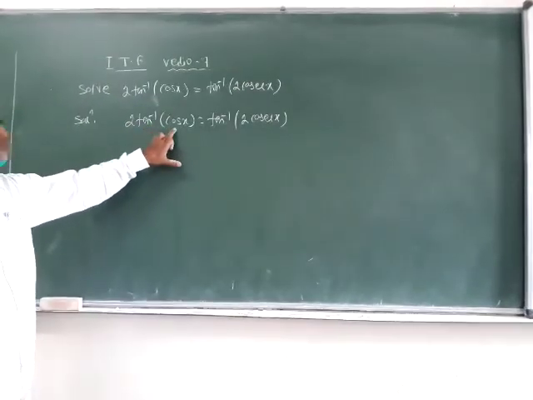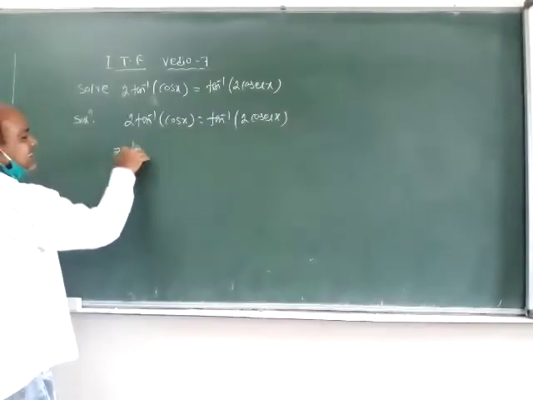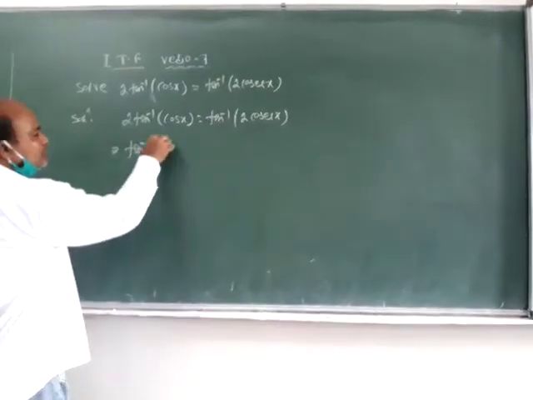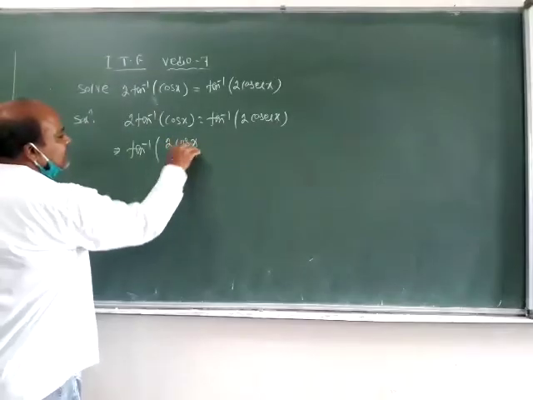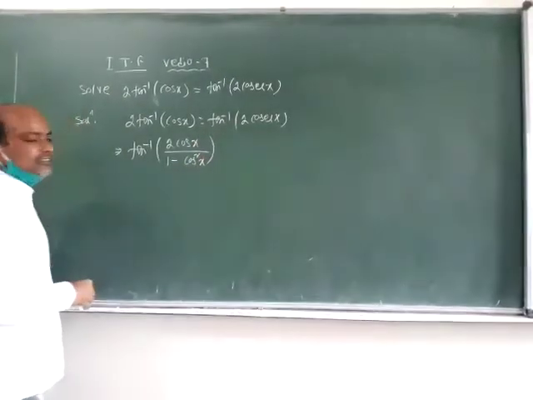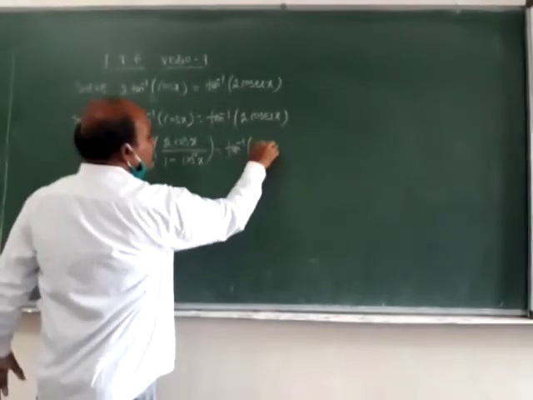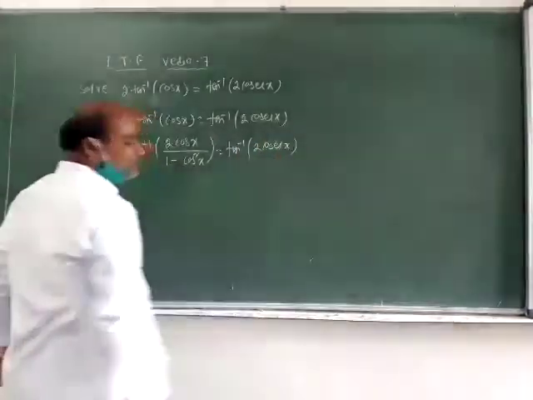The 2 tan inverse x formula. The formula for 2 tan inverse x is tan inverse of 2x upon 1 minus x square, equal to tan inverse of 2 cosec x.